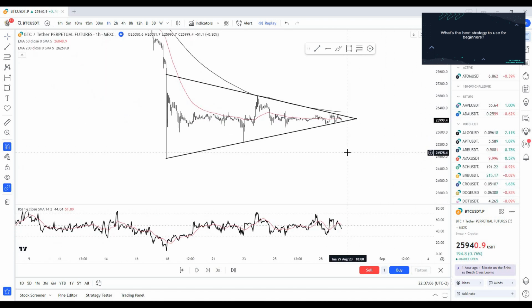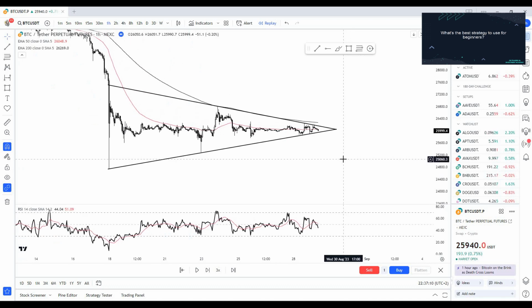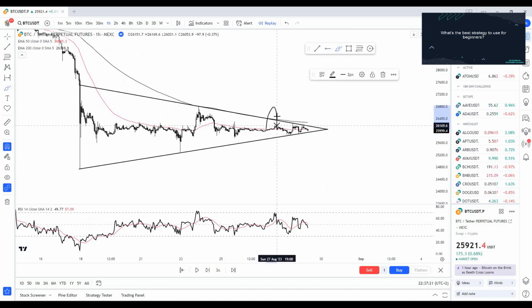Usually this triangle pattern is a continuation pattern, but could go either side. So at this point you would be watching for either a breakout above with a retest, or a breakdown from the trend line and a retest.